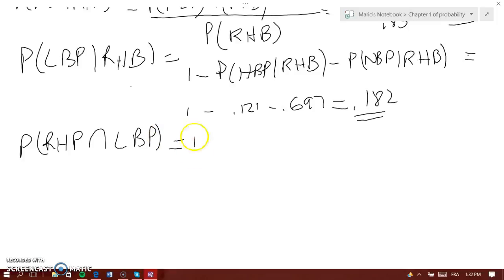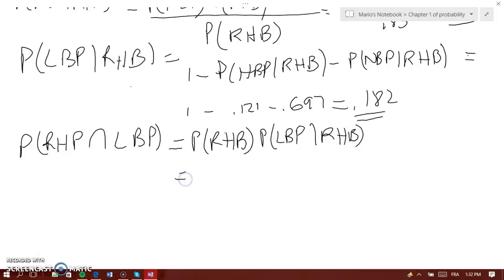That will be equal to the probability of regular heartbeat times the probability of low blood pressure given regular heartbeat. That will be equal to 0.83 times 0.182, which equals 0.151.